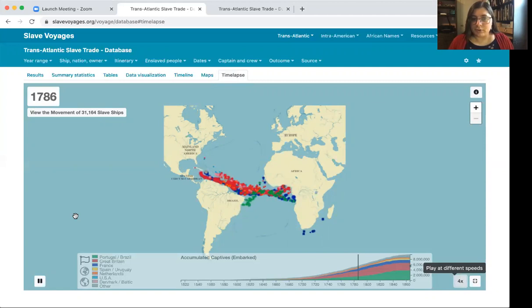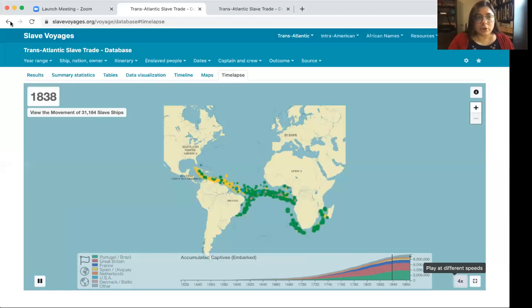But after the French Revolution, we'll see those blue dots really disappear as France substantially drops out of the slave trade. And then when Great Britain outlaws the transatlantic slave trade in the early 19th century, we'll see those red dots drop out. And so now we've got a lot of Portuguese ships, Spanish ships, and a few others. But this is just time-lapse to sort of help visualize this data for you.